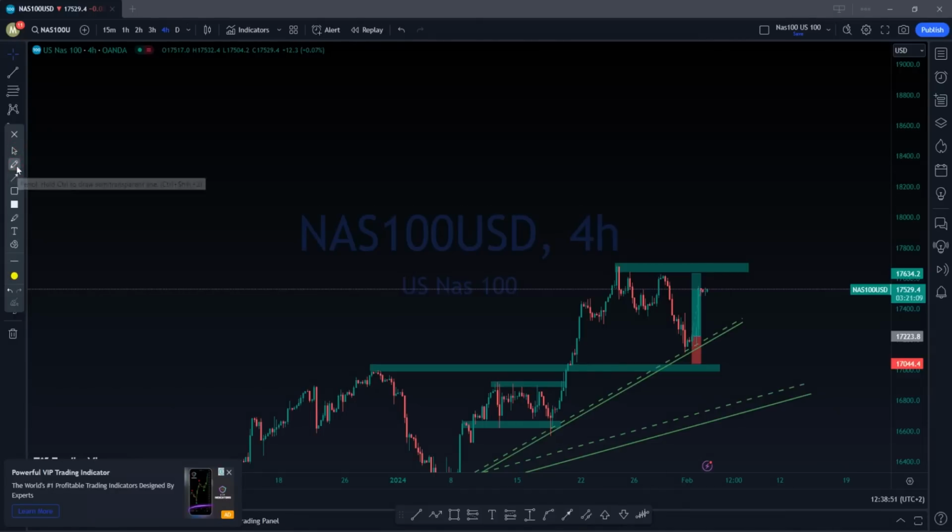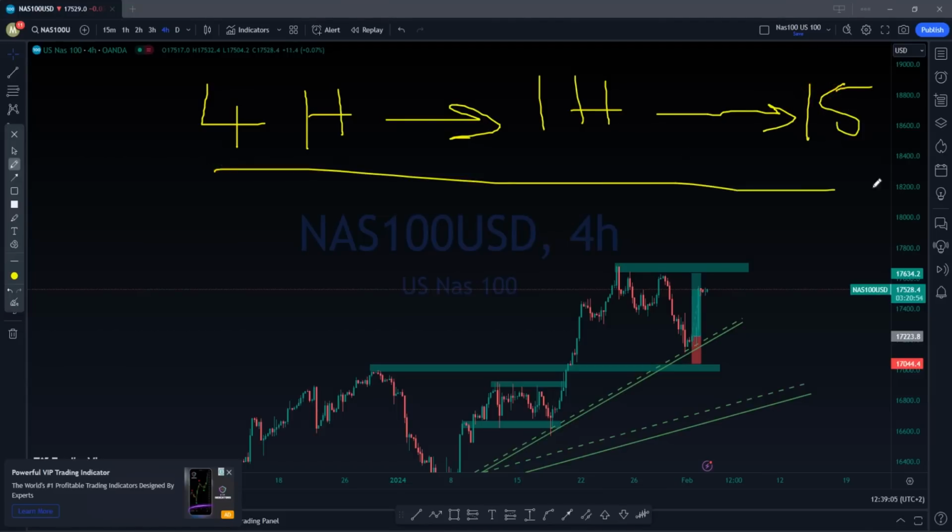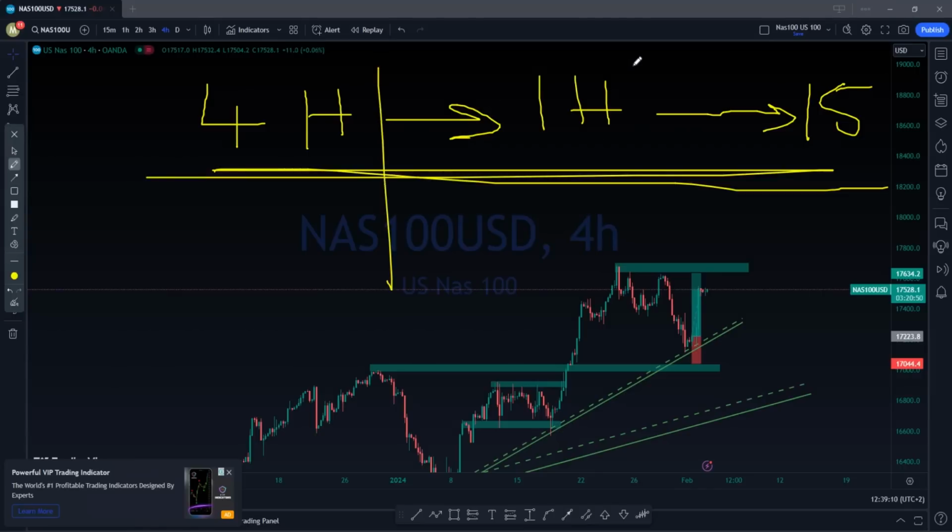Firstly, as you know, we did cover everything. We are going to go on 4-hour time frame, from 4-hour time frame to 1 hour. On this 1 hour, we are going to end up with 15 minutes time frame. So this is the method that we're going to use. And if you follow this every day, this is just going to make your job way easier.